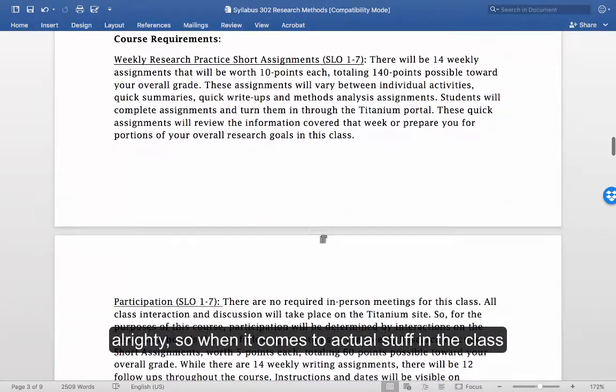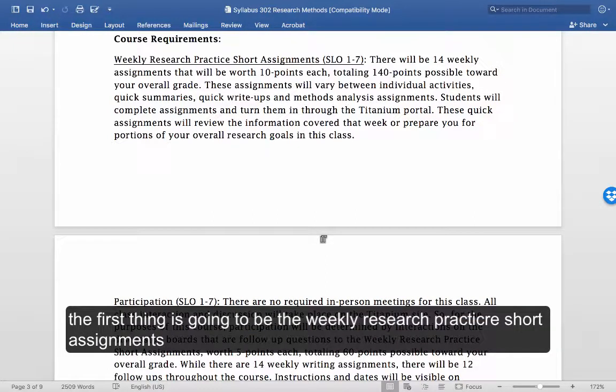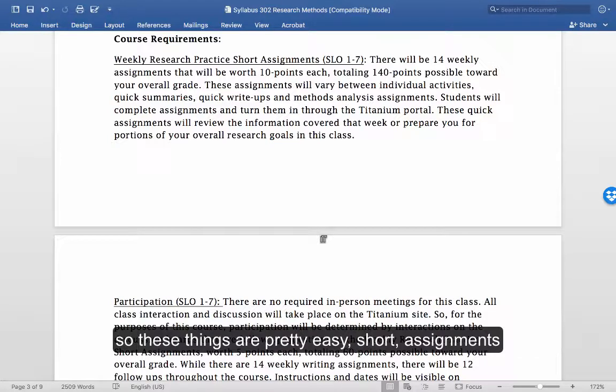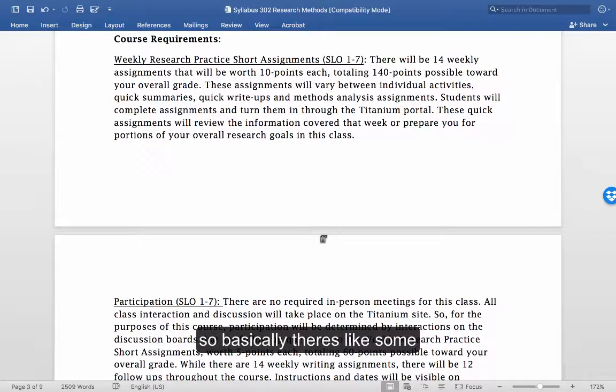Alrighty. Okay, so when it comes to actual stuff in the class, the first thing is going to be the weekly research practice short assignments. These are pretty easy, short assignments that for 14 weeks, you'll have one a week.